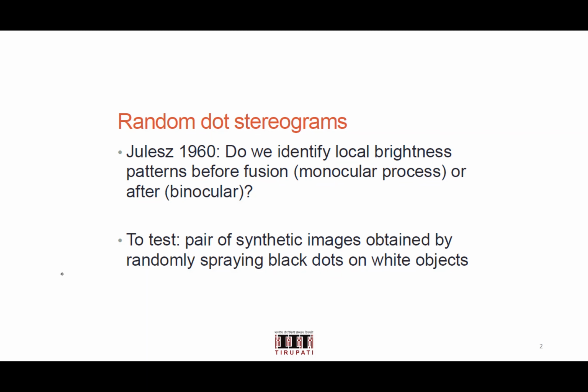If you first find patterns within an individual image, that's referred to as a monocular process. The other is you first fuse the images and then find patterns, because the pattern shift would tell you the disparity in the two images, and certain patterns would tell you the height information essentially. So that's the basic experiment that people have done.